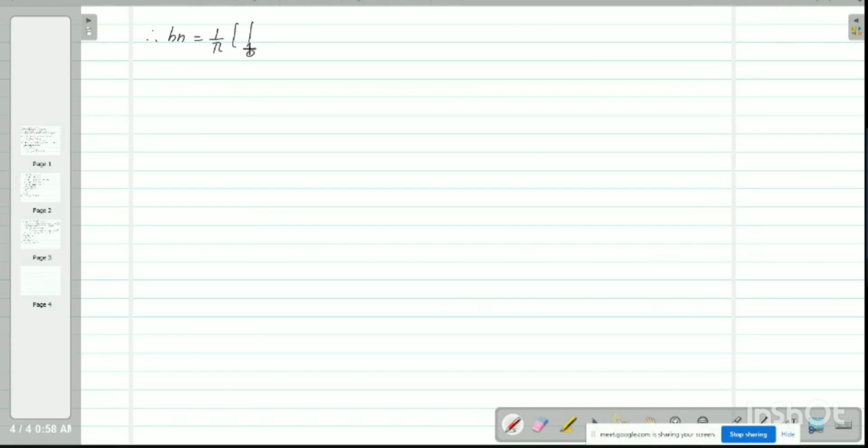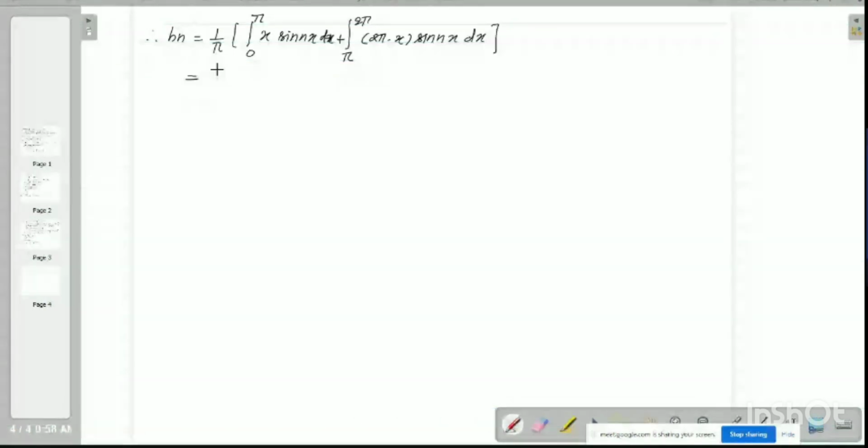First one is limit running from 0 to pi, and function f of x is x, so write down sine nx, plus second limit pi to 2 pi, where f of x is 2 pi minus x, into sine nx dx.